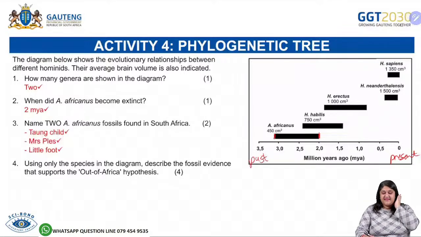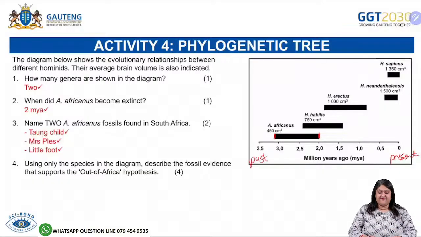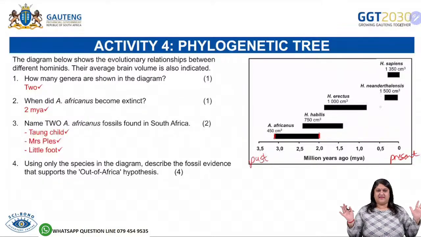Using only the species in the diagram, describe the fossil evidence that supports the out of Africa hypothesis. So they want us to only use these organisms that are mentioned here to describe the out of Africa hypothesis. Now, can you remember what the out of Africa hypothesis is? This is the one that shows us that all hominins originated in Africa.